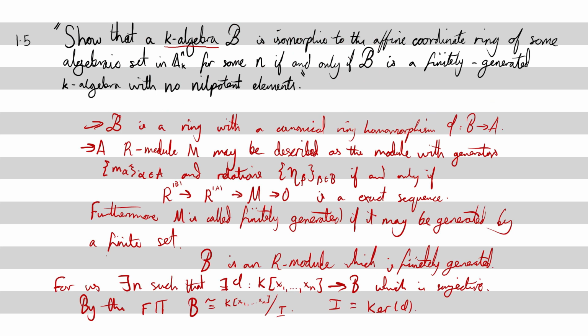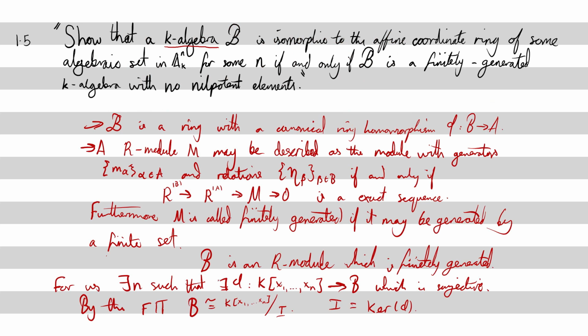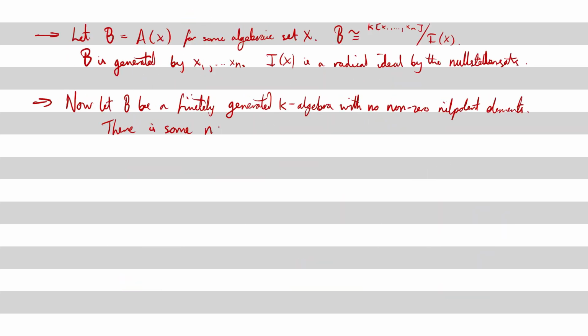So there is some n such that there exists a phi from k[x1, ..., xn] into B, which is surjective.